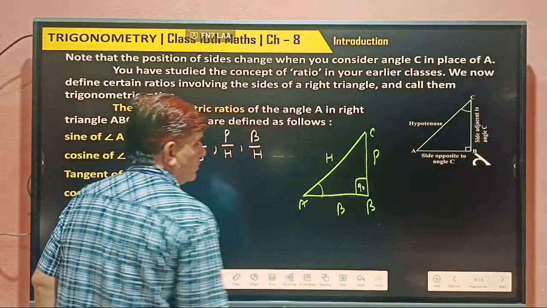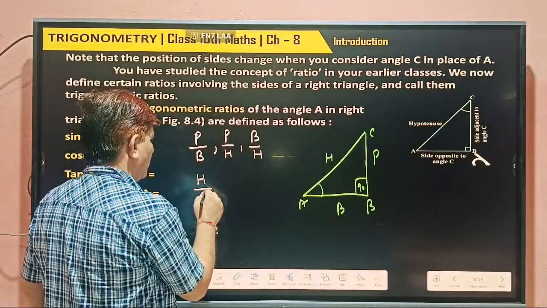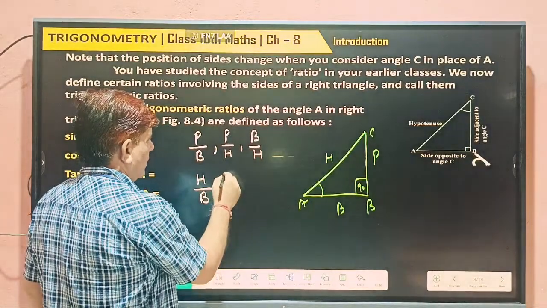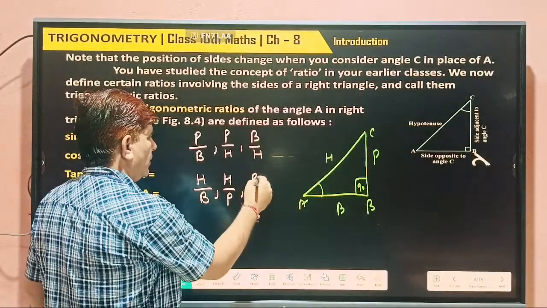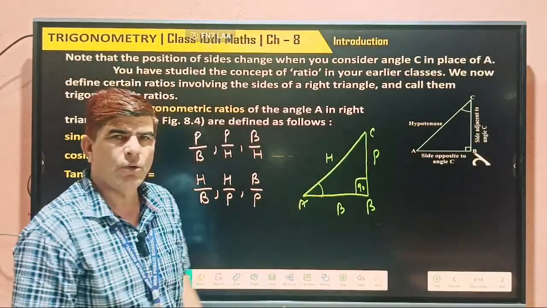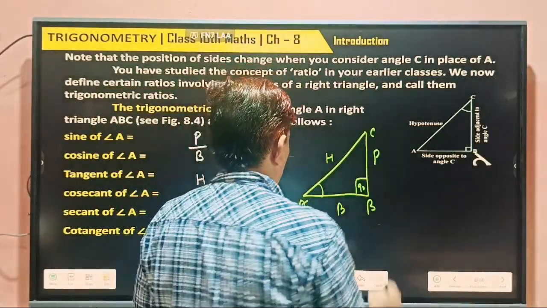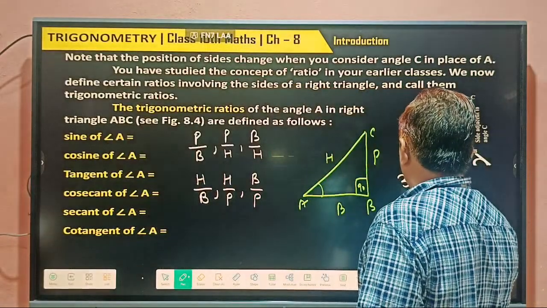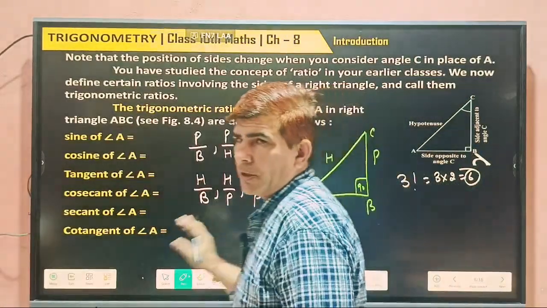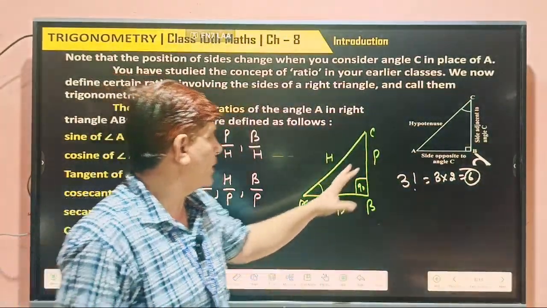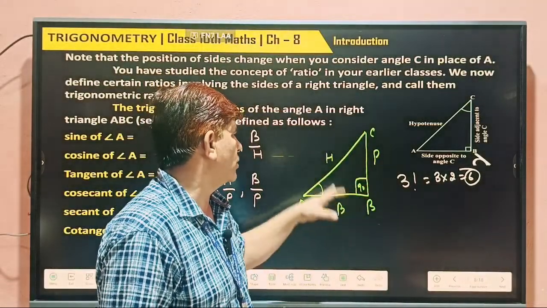Any other possible? Yes, others are also possible: H by B, H by P, and B by P. Only these three sides, but six ratios are possible, 3 into 2. So either perpendicular divided by base, perpendicular divided by hypotenuse, or base divided by hypotenuse, and their inverses.